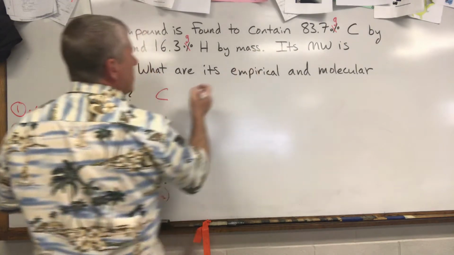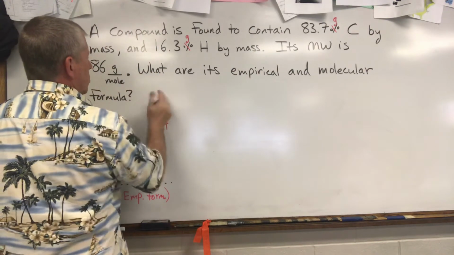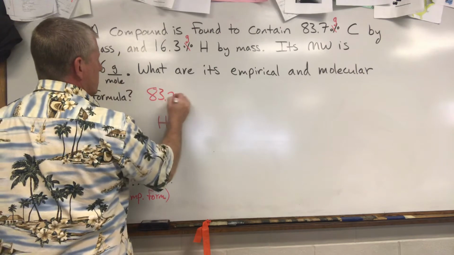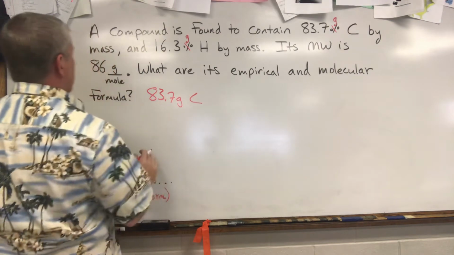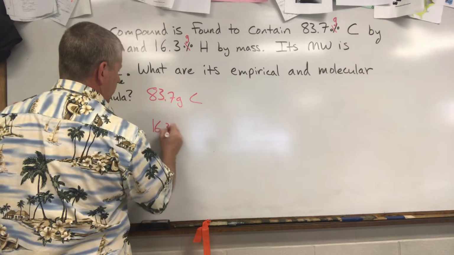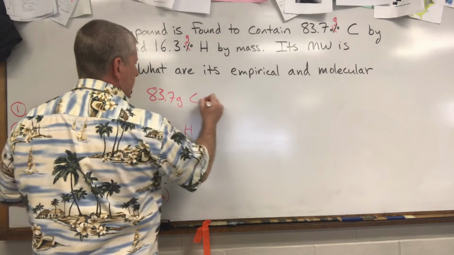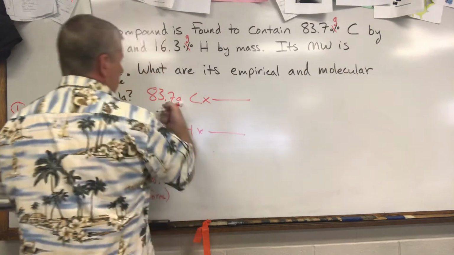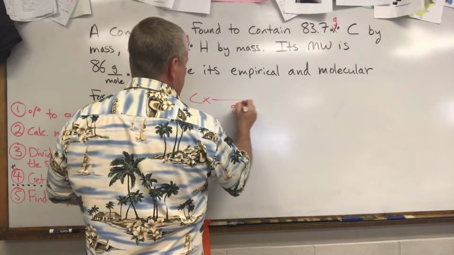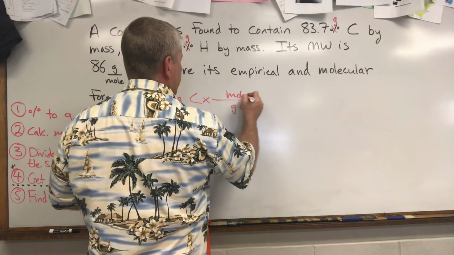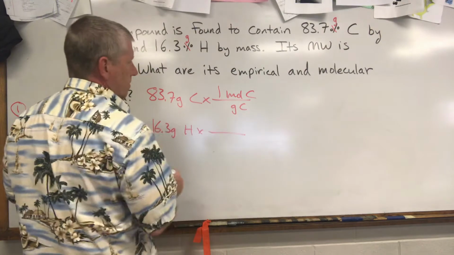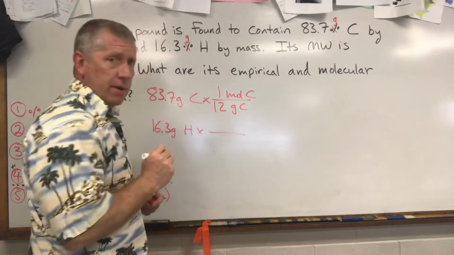What do we got? 83.7. I need more room here. 83.7 grams of carbon and 16.3 grams of hydrogen. All right, do the math. Grams of carbon to moles of carbon: 1 goes next to the mole, 12 gets put down there for the grams.